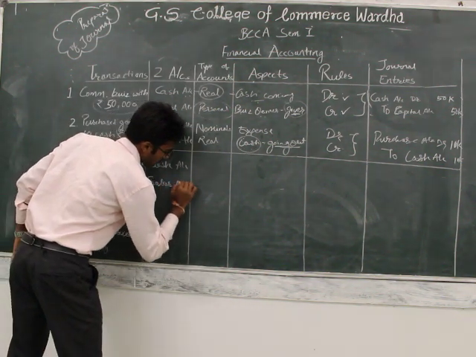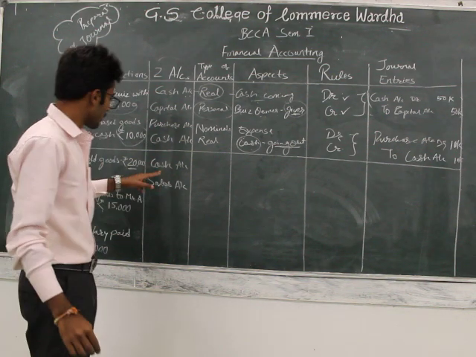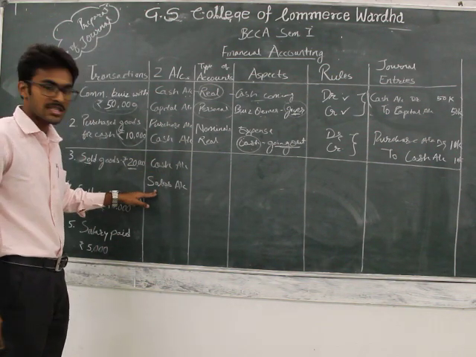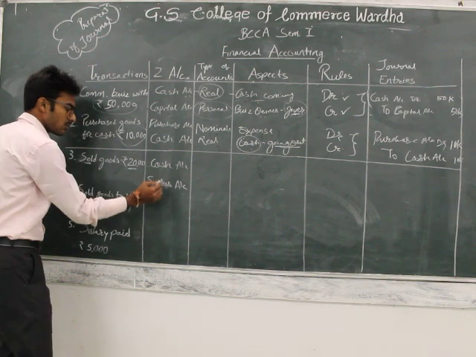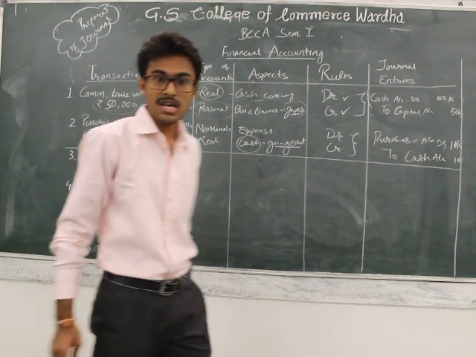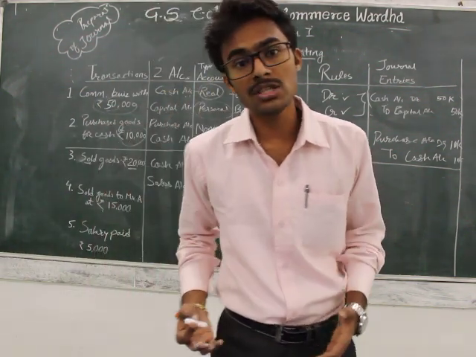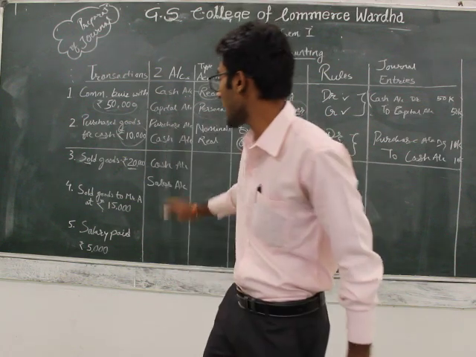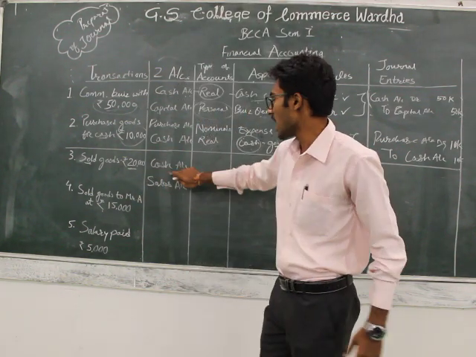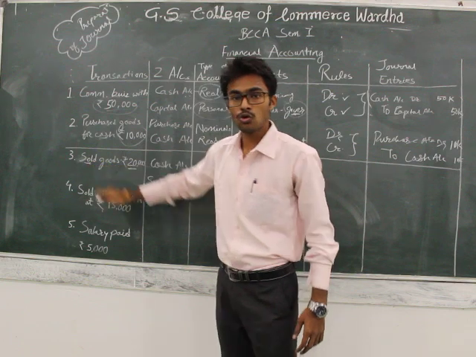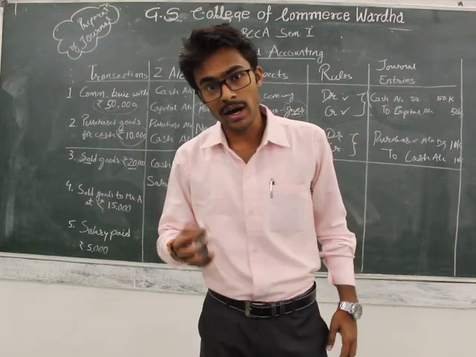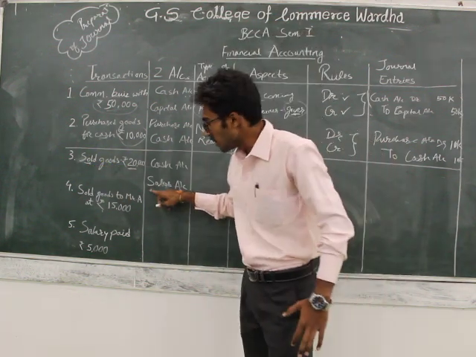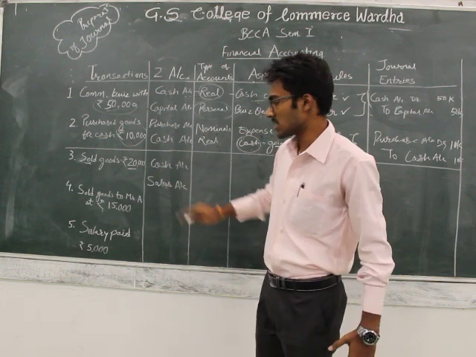We have sold goods for cash. Sold means generating income by selling goods, and selling means sales account. So: cash account and sales account.